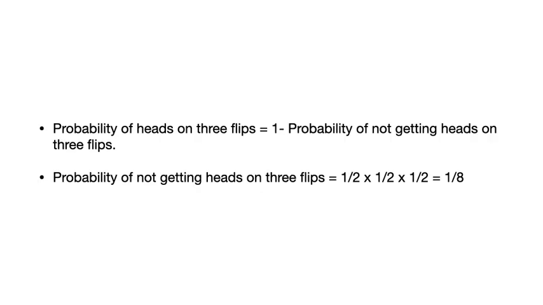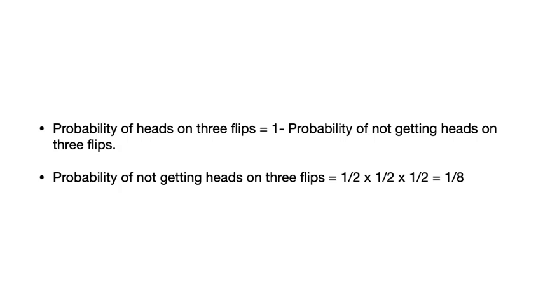All right, so if you could just figure out what's the probability of not getting heads on 3 flips of a fair coin, then you could use that to figure out what the probability of getting heads at least once is. Well, it's not too hard, right? There's only one way that you don't get heads if you flip a coin 3 times, and that's if you get tails every single time, right?